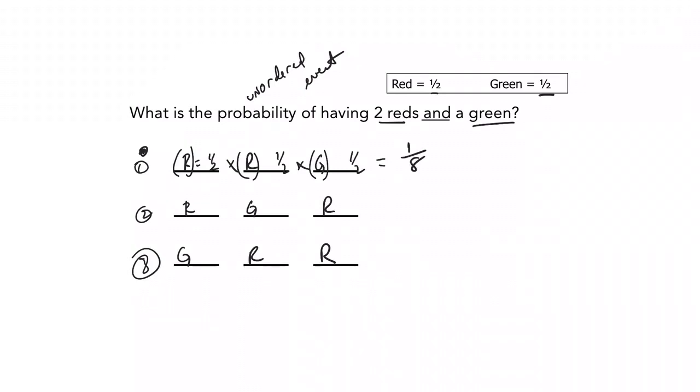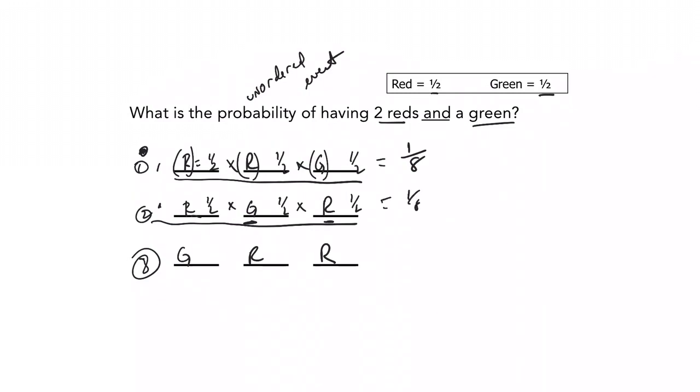Now, is the probability of this second scenario happening any different from the probability of the first scenario? No, we still have the same probabilities here. We're going to treat them the same way, because this one and this one are mutually exclusive events. Within those events, I'm saying I want this and this and this.